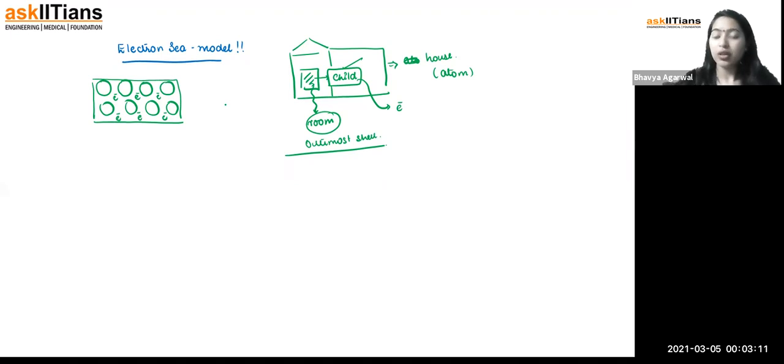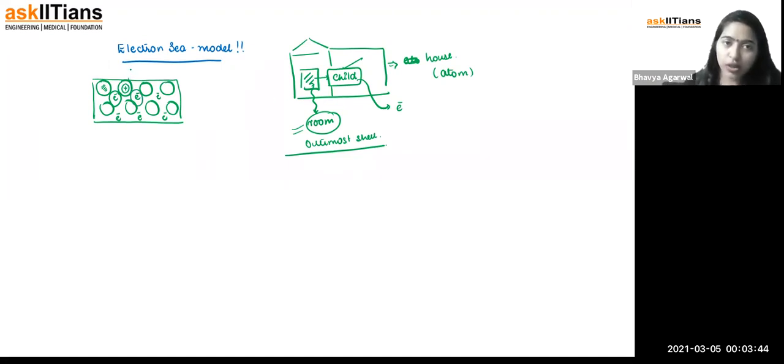Now this entire picture can be represented this way: this is your atom and this is the free electron. So when this atom has lost the electron, when this room has lost the child, it will become positive, as if to say, good riddance. And this electron is free to move around the entire house.